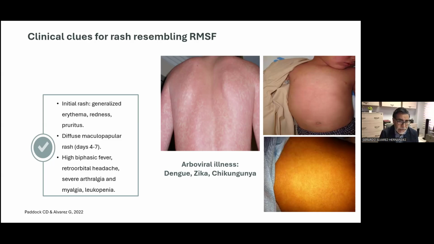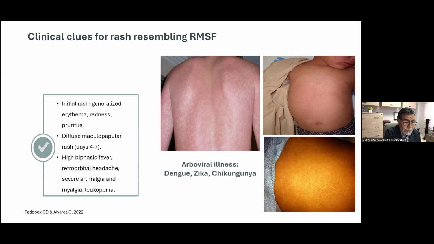The rash in these diseases is very peculiar, characterized by redness. The patients have pruritus, which is not common in patients with RMSF. And other clinical characteristics include retroorbital headache, severe myalgias, and leukopenia.